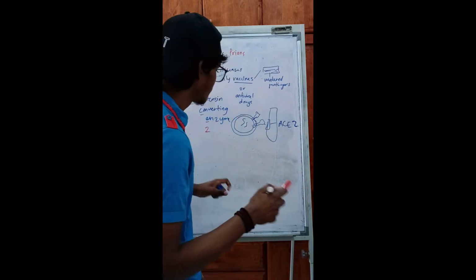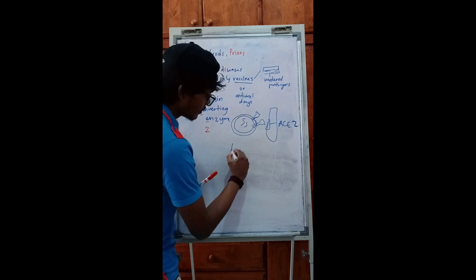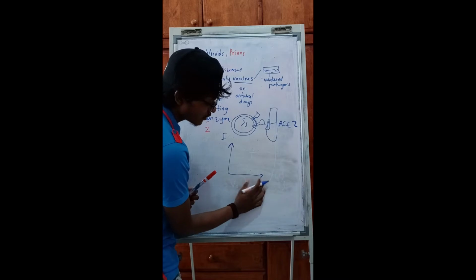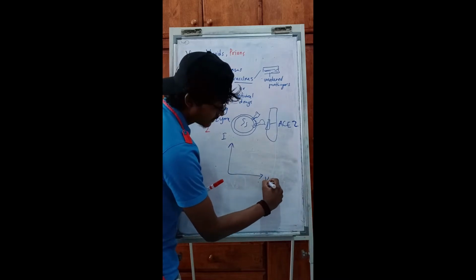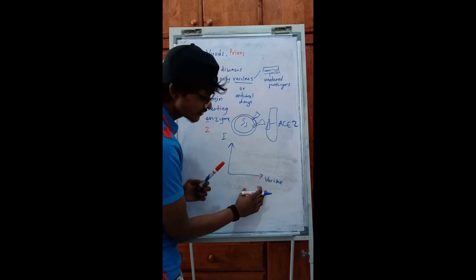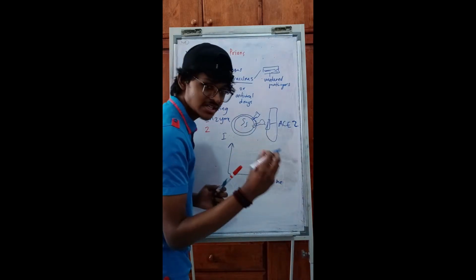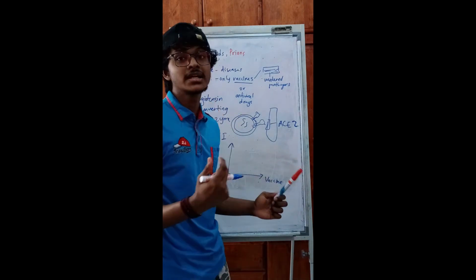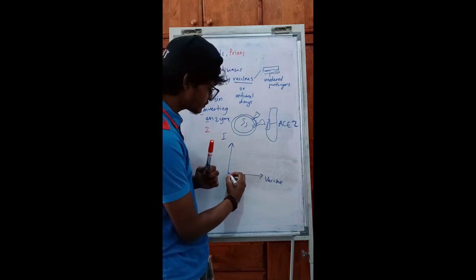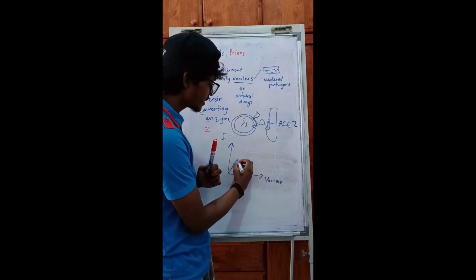As we know, on the graph, this one will be the immune response and this one will be the vaccine injection. This is why the graph looks like this. The vaccine will be injected 3 times or 2 times. After the first injection, the immune response will rise, and then at a certain level it will drop.